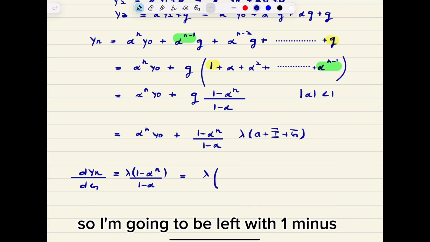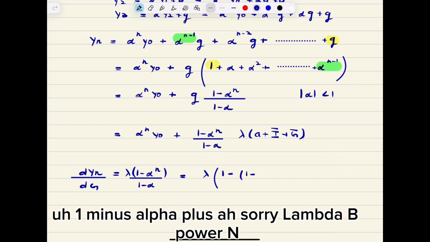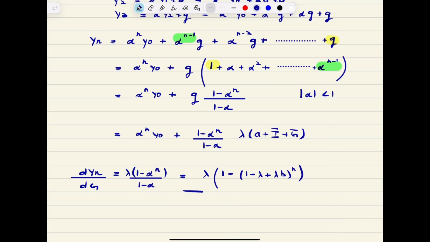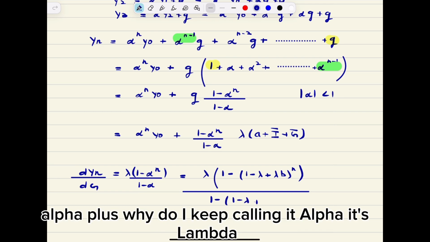So I'm going to be left with 1 minus (1 minus alpha plus lambda b) power n, and I'll get 1 minus alpha plus, why do I keep calling it alpha, it's lambda.